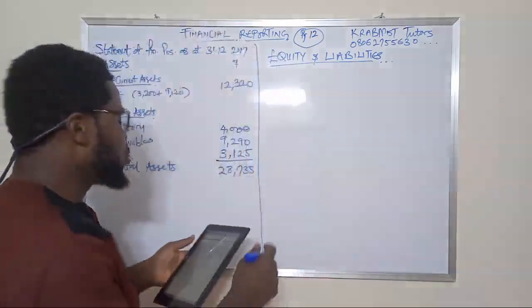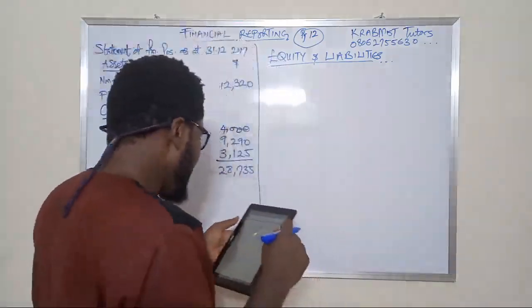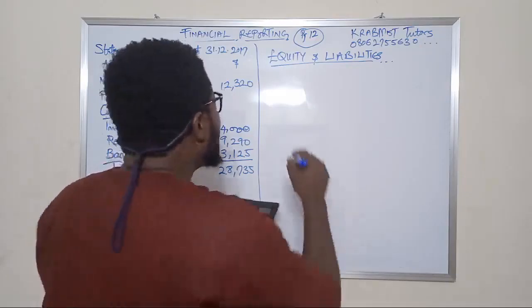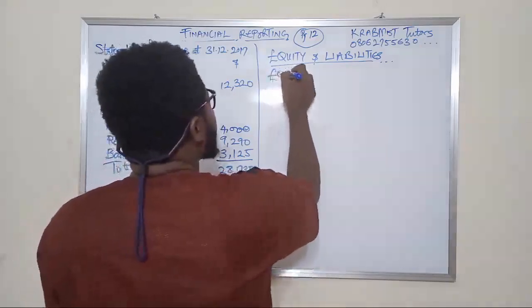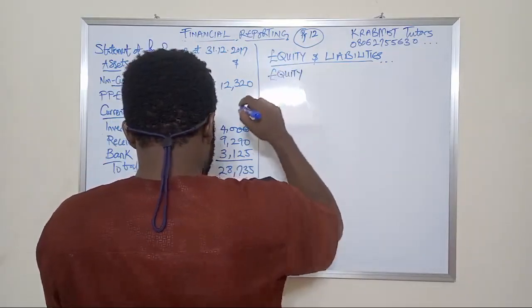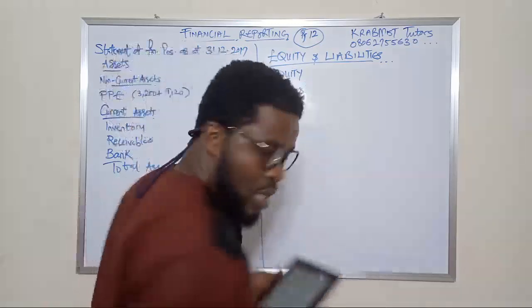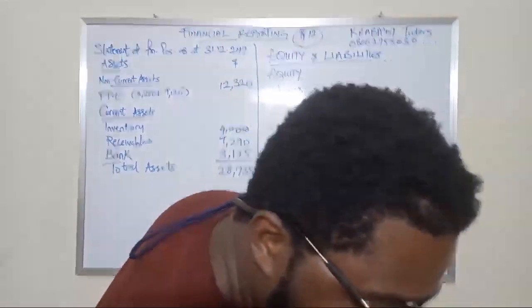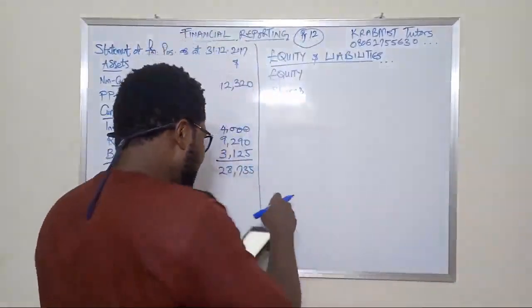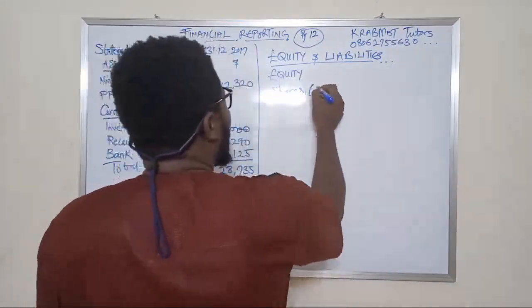So now we go to equity and liabilities. For equity, these are the shares, and from the question it says that the shares are $1.